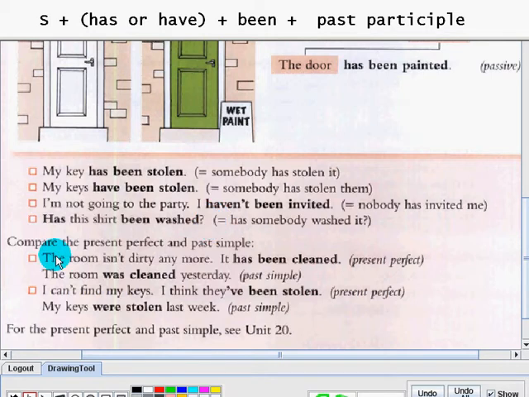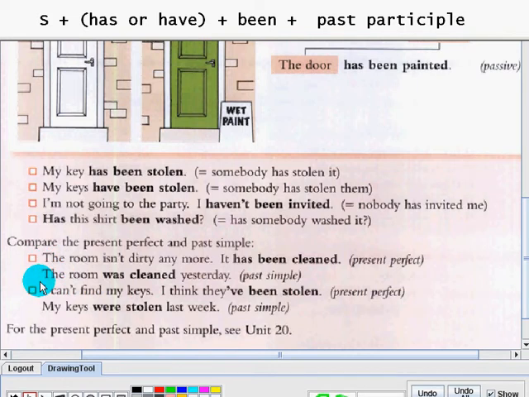Now let's compare the present perfect and the past simple. The room isn't dirty anymore. It has been cleaned. This is present perfect passive because of the word been and the auxiliary verb has.